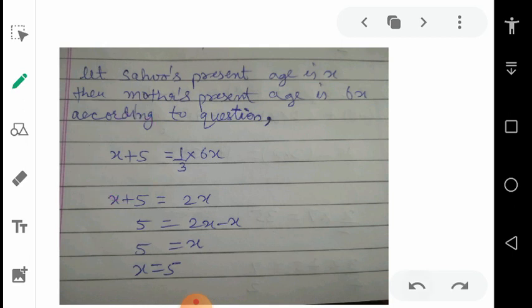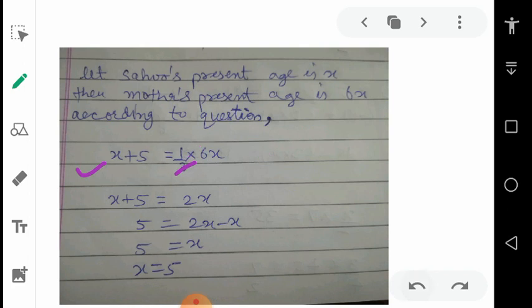So the equation will be x plus 5, meaning after 5 years, is equal to one third of 6x. By cross multiplying, or you can simply cancel 6 by 3, you will have x plus 5 is 2x, then transposing the terms, we'll have x equal to 5.